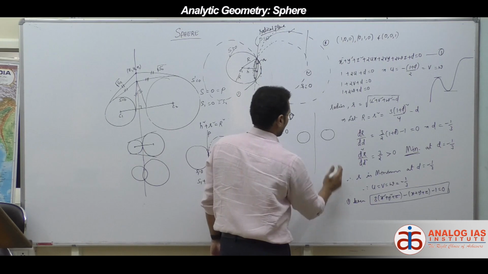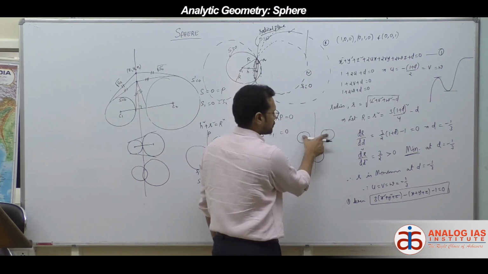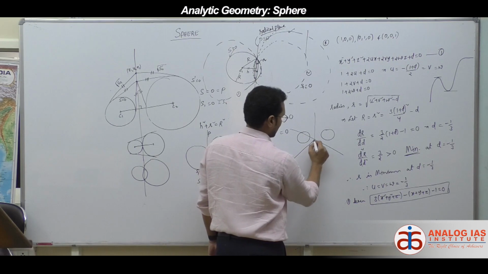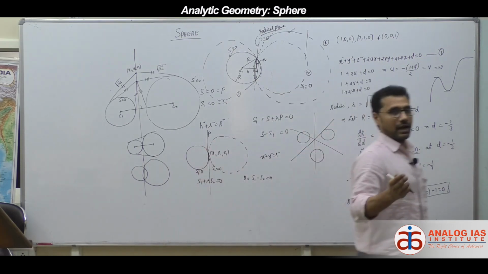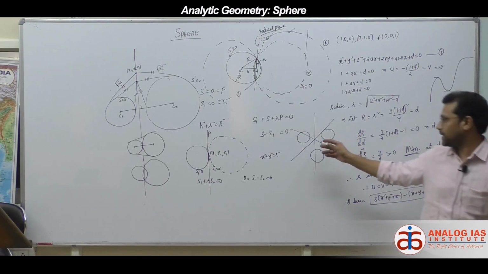Take a third sphere. Every two spheres will have a radical plane. These two also will have a radical plane. These two will also have a radical plane. These three radical planes intersect in a line called the radical line, because it's an intersection of planes.